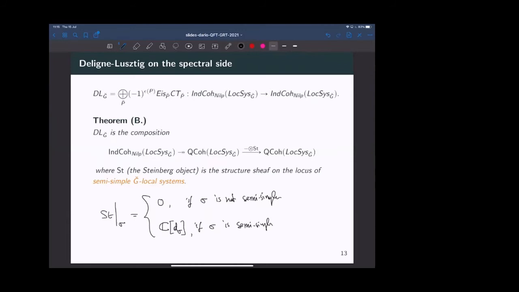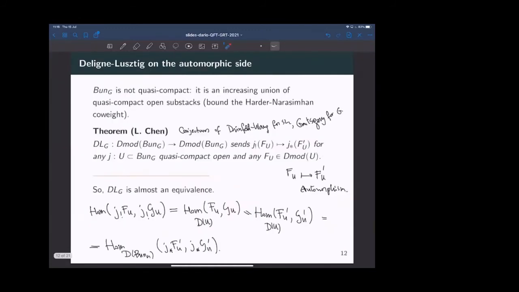Nevertheless, this functor looks very different from the other functor because it's a composition of two things, each of which kills objects. Comparing this description on the spectral side with the previous description given by Lin-Chen on the automorphic side is a statement generating machine, because those two functors should match under geometric Langlands and therefore their properties should match.